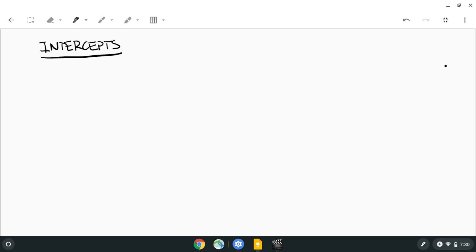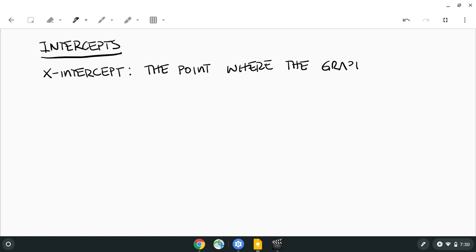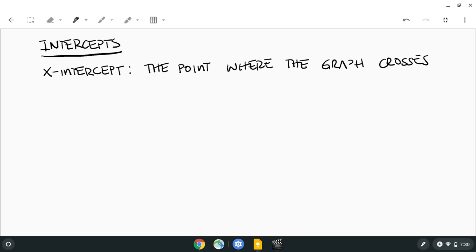Okay, so x-intercepts. Okay, so this is the point where the graph crosses the x-axis.